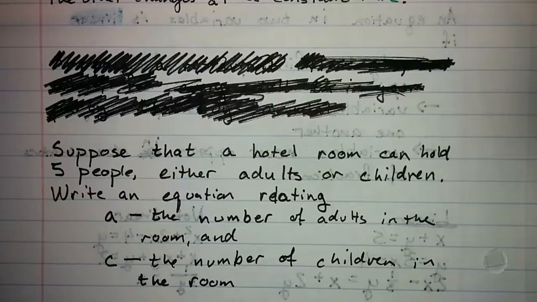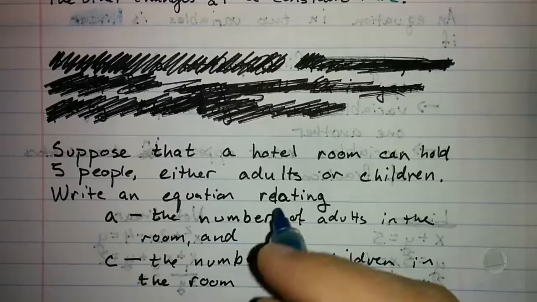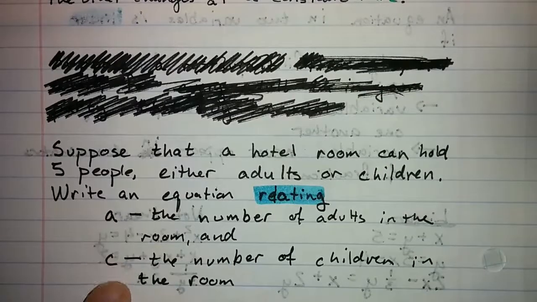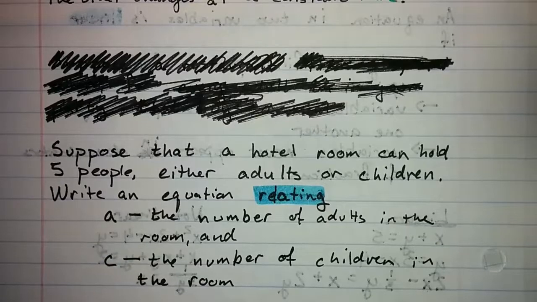This is a really good practice when you are modeling a situation, just so that you can look at your model and know what it is. The second thing I want to call your attention to is this word, relating. The equation we're about to write gives a relationship between the two quantities that we're interested in. There will be times when I say, what's the relationship between A and C?